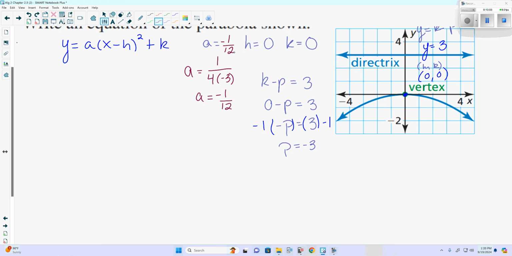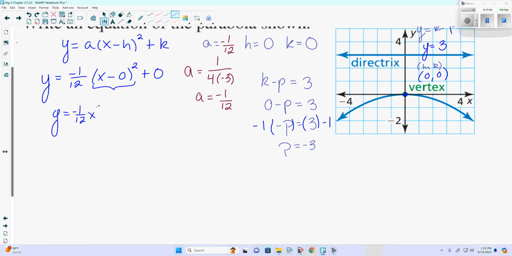All right, now we just need to plug this back in. Y is equal to a, so our negative 1/12 times x minus 0 squared plus 0. Plug it in for a, h, and k. Well, what's x minus 0? X, and it's being what? Squared, yes?